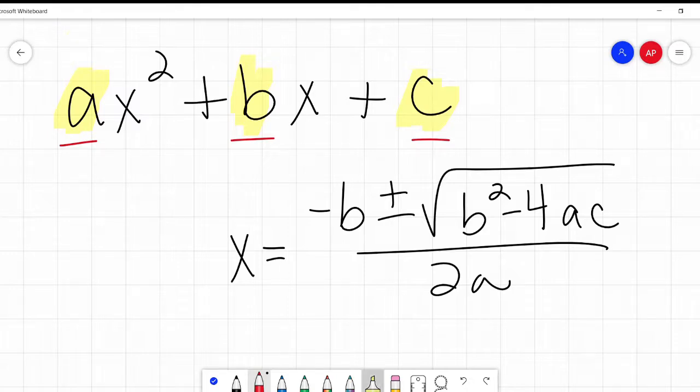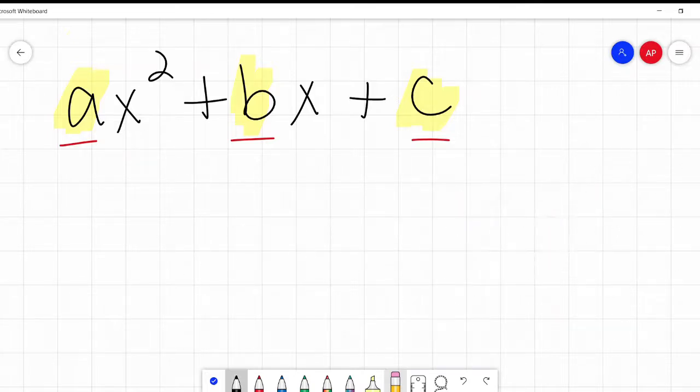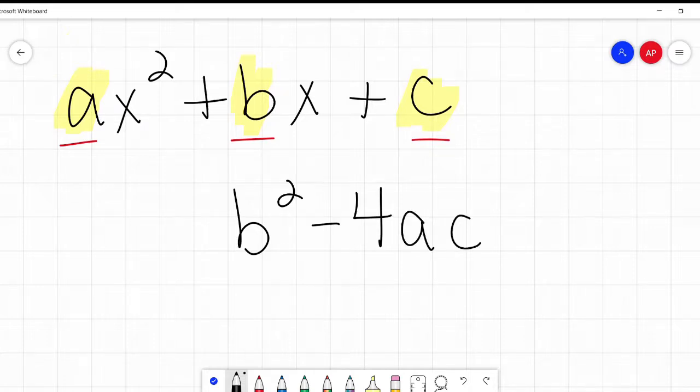The discriminant is just this part, b squared minus 4ac. You don't include the square root over it. It is literally just that. So if they tell you, find the discriminant of this equation, all they're saying is use this little formula, b squared minus 4ac, and plug the numbers in and tell us what it equals.